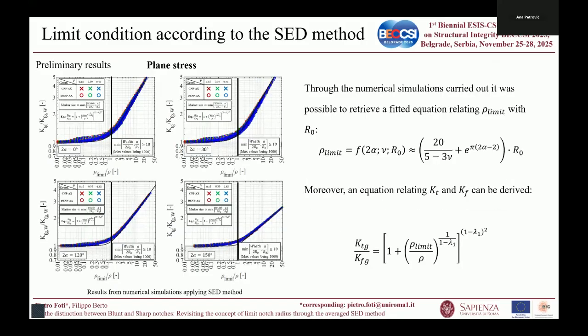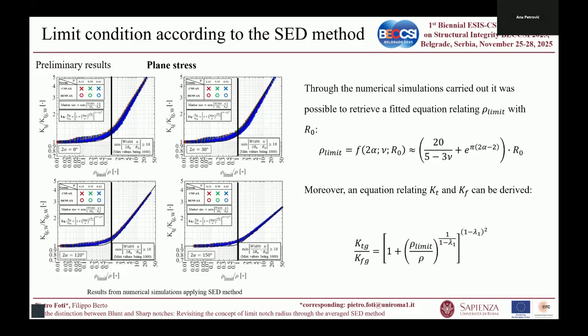So we have done some fitting in this case, and we have retrieved the value for a limit condition in terms of a notch radius. Here you can see the equation that we have estimated through numerical simulation, but although I have not reported it here, it is possible also to derive this analytically. But I didn't have time to present it during this presentation.